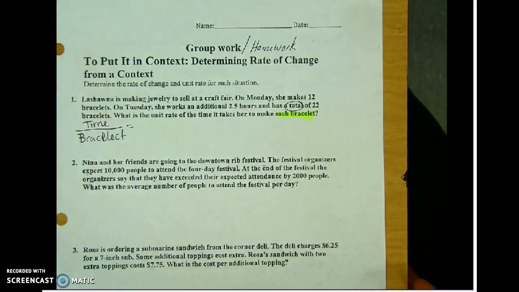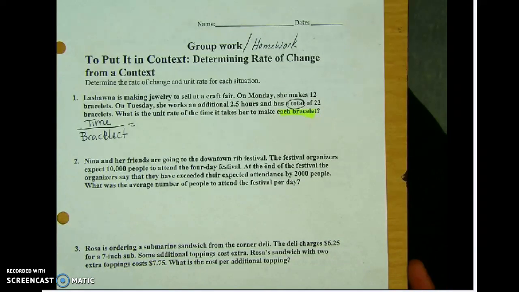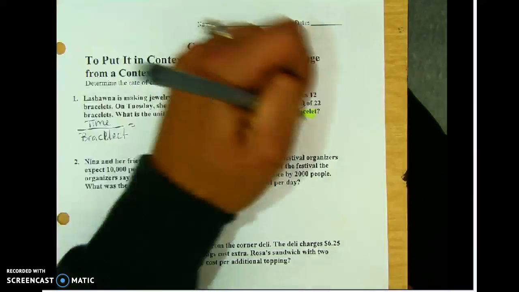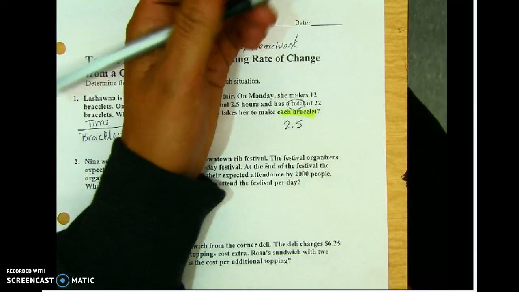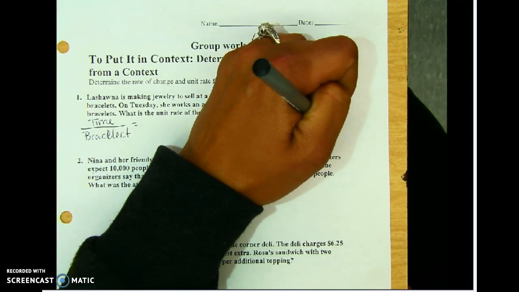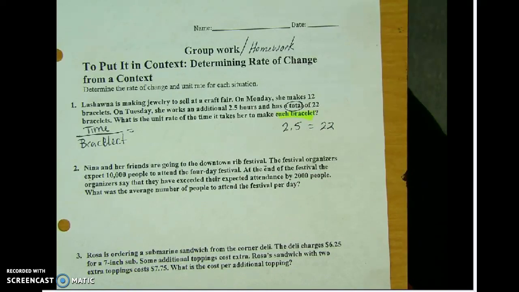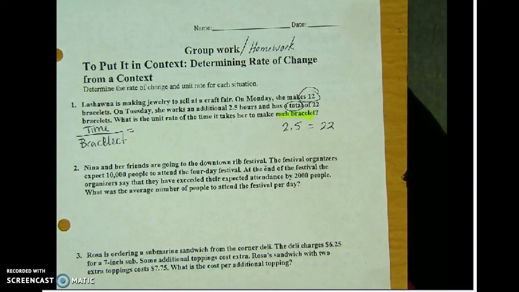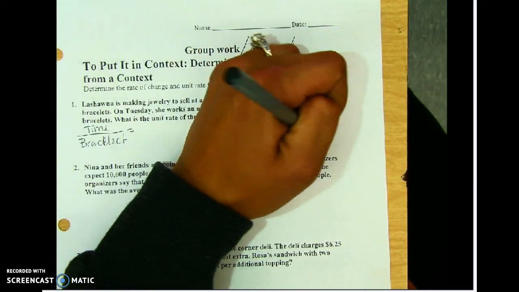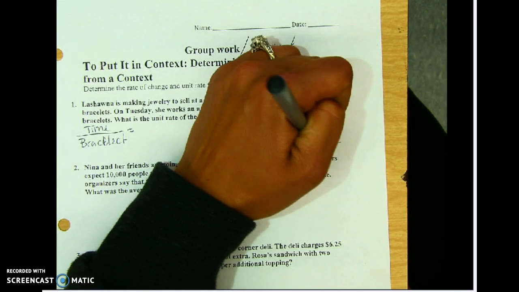So right now we have information of what? She worked on Tuesday for 2.5 hours and she has a total of 22 bracelets. But before that, she made 12 bracelets. Okay? So I'm going to subtract 12 from 22.